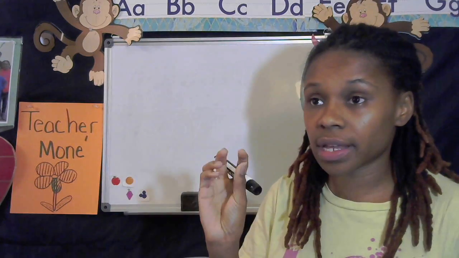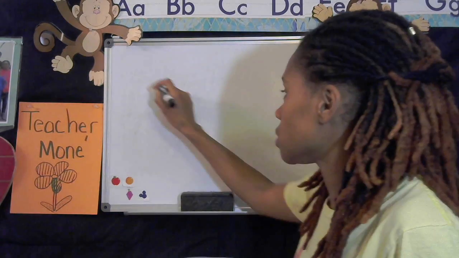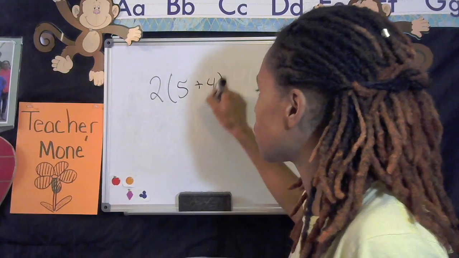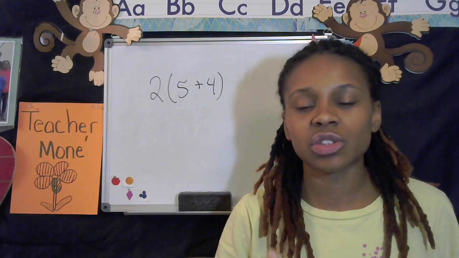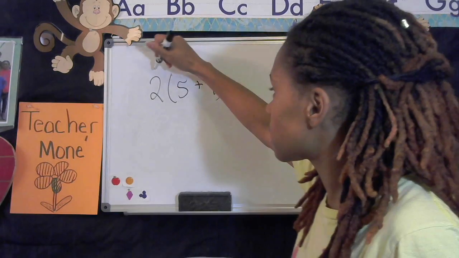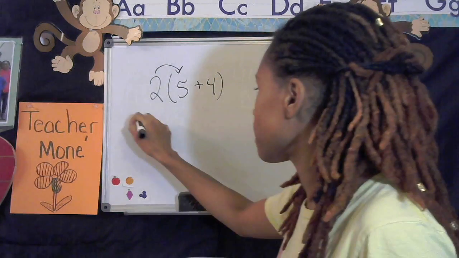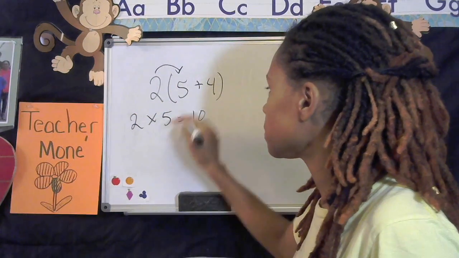Okay. Now, the distributive property. Distribute means that I'm going to take this one number and multiply it times each number inside of the parentheses. So if we have 2 times 5 plus 4, okay? So in the center of your parentheses, you will have a plus sign. So 2 times 5 plus 4, okay? So here I'm going to distribute 2 times 5 equals 10.